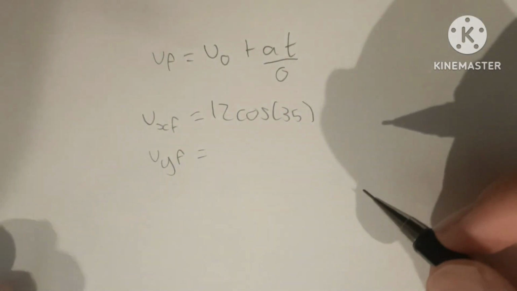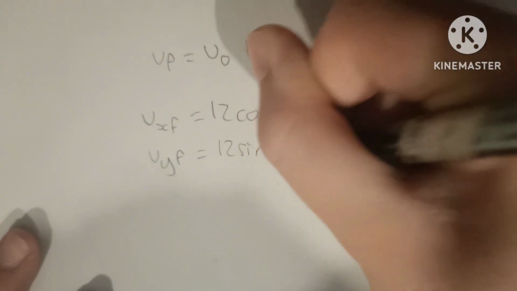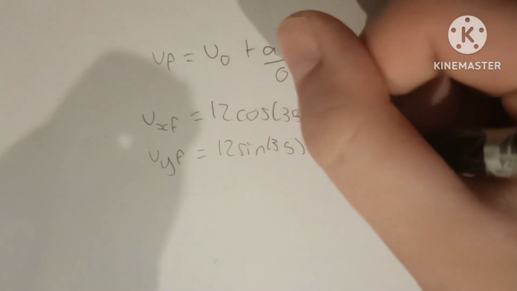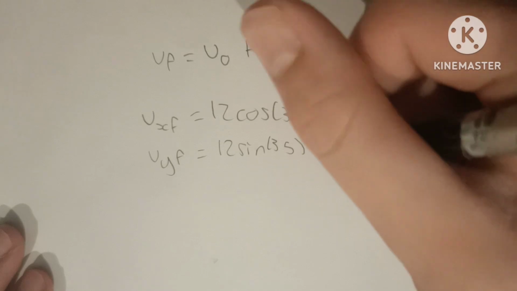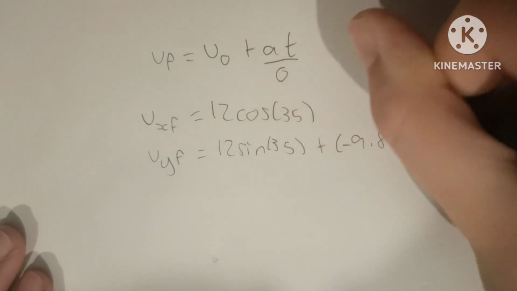Now for the y final velocity, we'll take the initial y velocity, which we worked out to be 12 sine of 35. And then we need acceleration, as we're working in the y-axis. The acceleration, we will take it as negative g downwards. So it will be plus negative 9.8 times time.